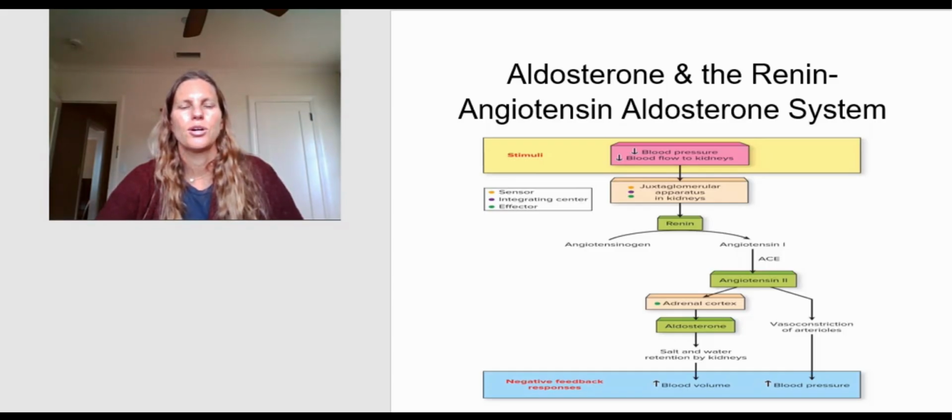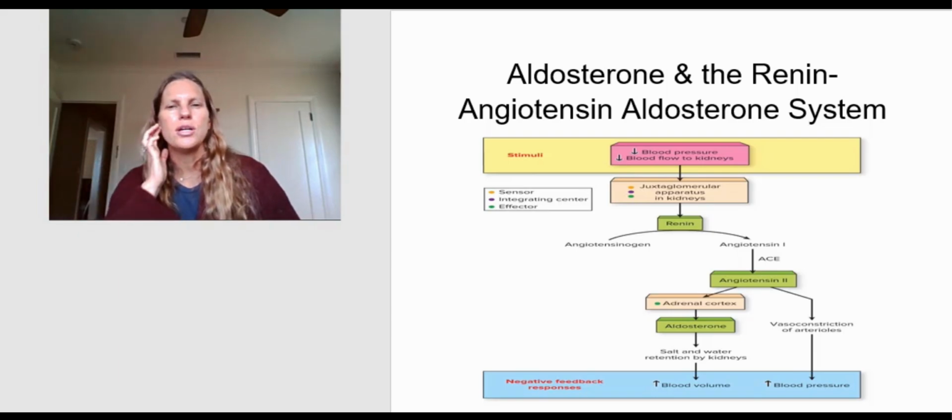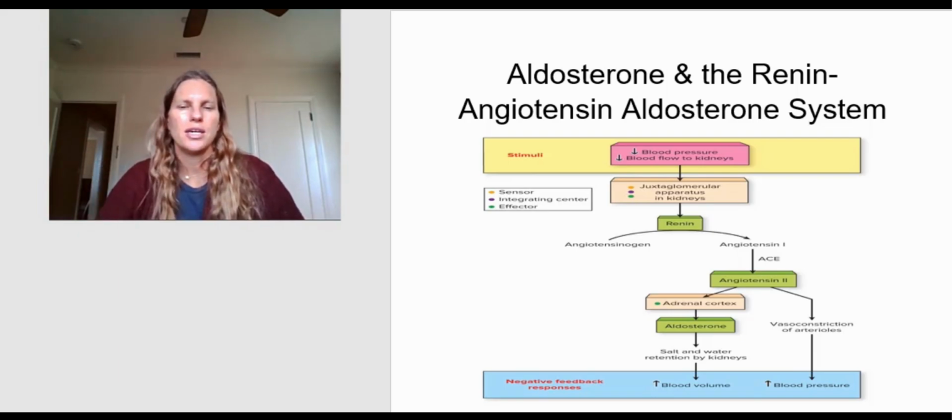All right, so look at the top of the picture. You see the stimulus for this whole event, the activation of the renin-angiotensin-aldosterone system, is usually either a decrease in blood pressure overall in the body or a decrease in blood flow to the kidneys.